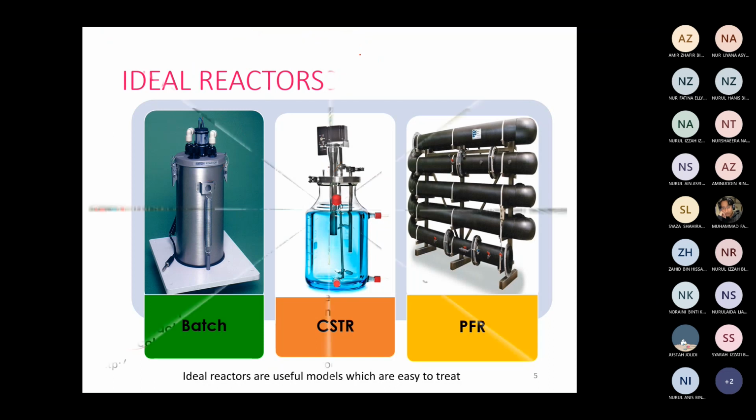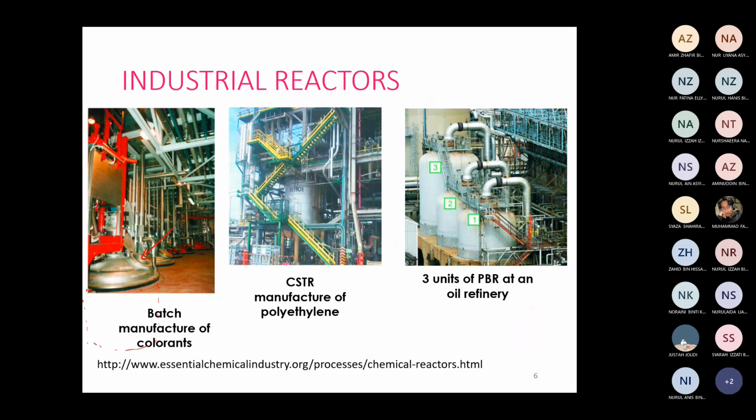Okay, so this is the industrial reactors example. You can see this is a batch manufacture of colorants. The top of the reactor is on the floor level, and underneath there is a whole reactor. This is the point for the feed, where you put in the raw material, and the part below is submerged.